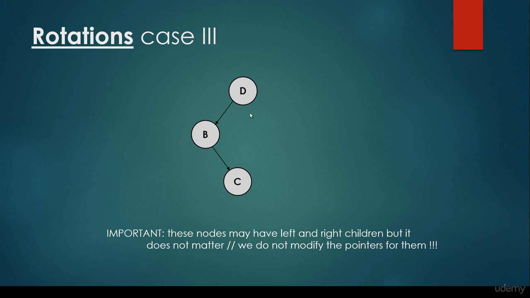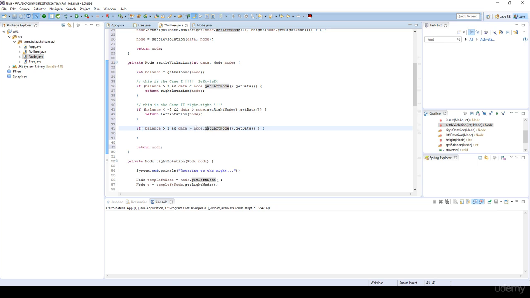We know for certain that the node, this is the node basically, the grandparent. The grandparent's left child is the parent of the node we have inserted because the C is the node we have inserted. But this node we have inserted is a right child, so we know that the new data is greater than its parent's value. So that's why the node's getLeftNode.getData is smaller, or from another perspective, the data is greater. So this node is a right child of the grandparent's left child.